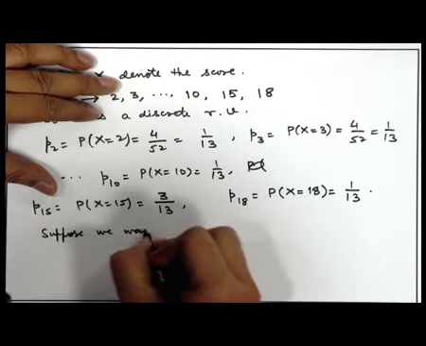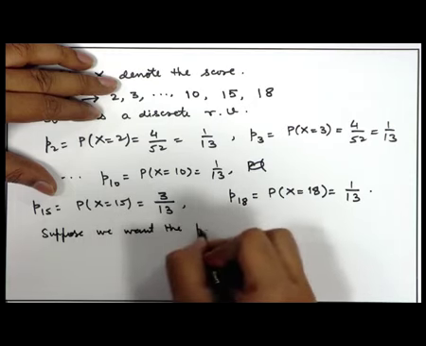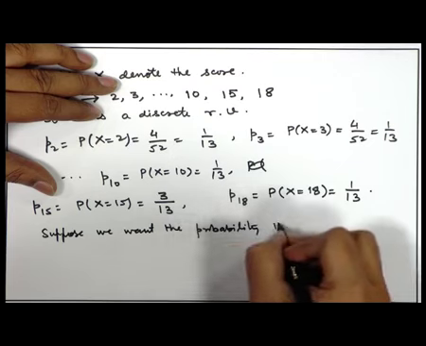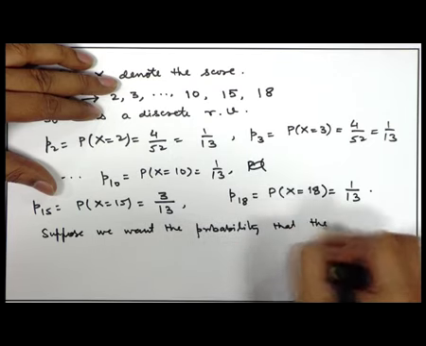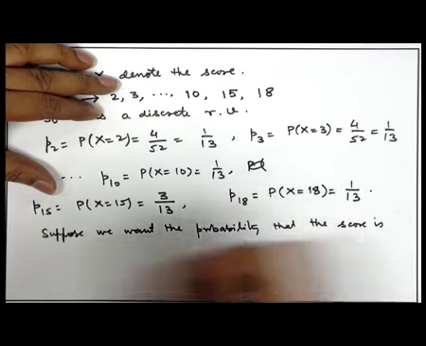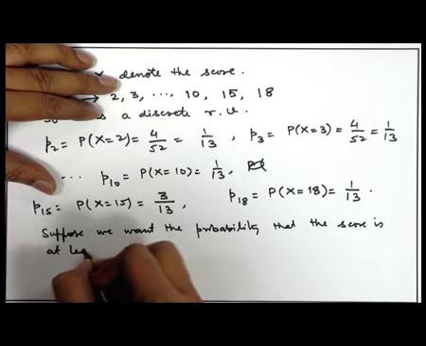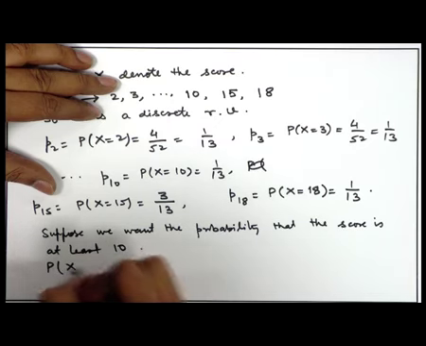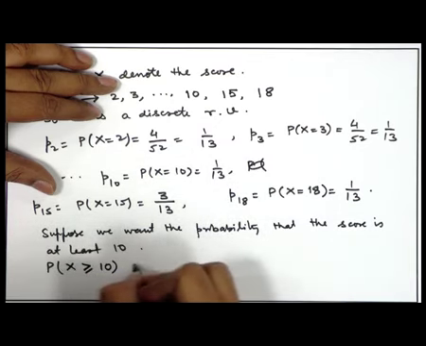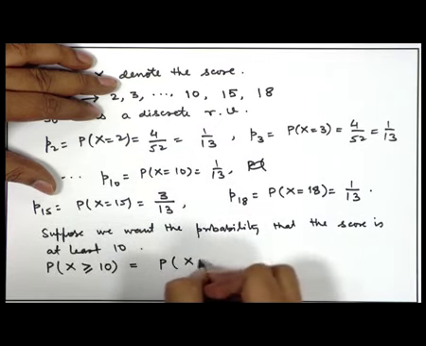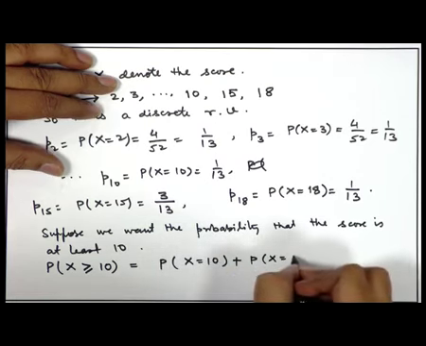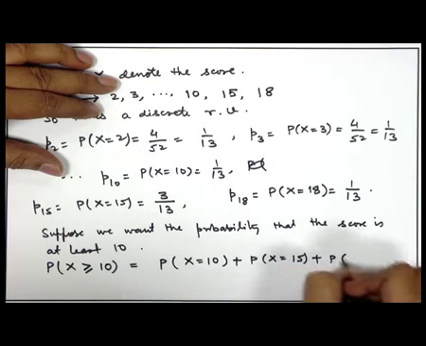We want the probability that the score is at least 10. That means, what is the probability X is greater than or equal to 10? That is equal to probability x is equal to 10 plus probability x equal to 15 plus probability x equal to 18.